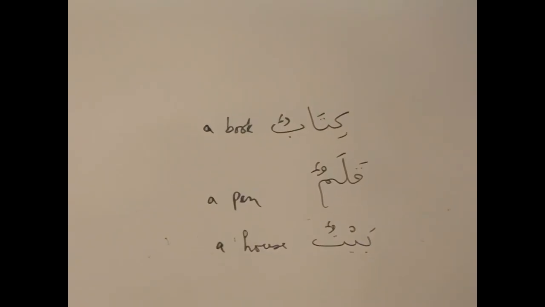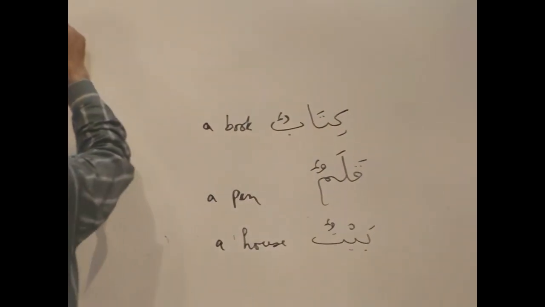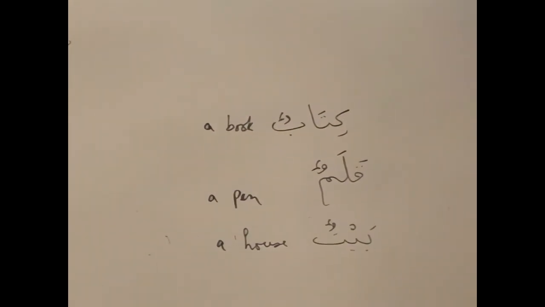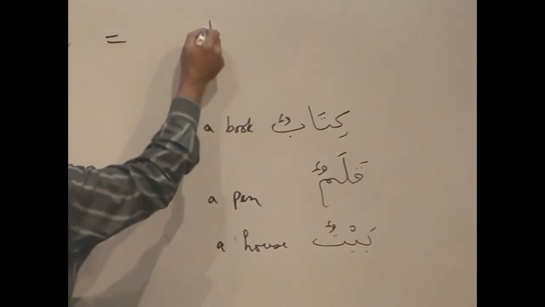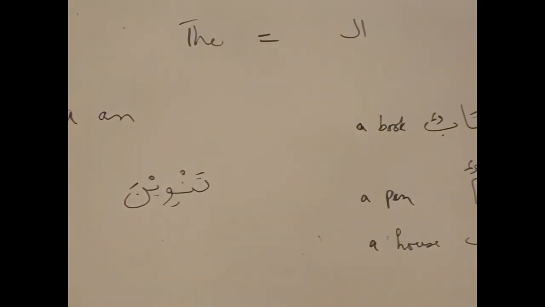And then, how do I make it definite? In English, we add the. In Arabic, we add al to the noun. So I want to say the book. What will I do now?